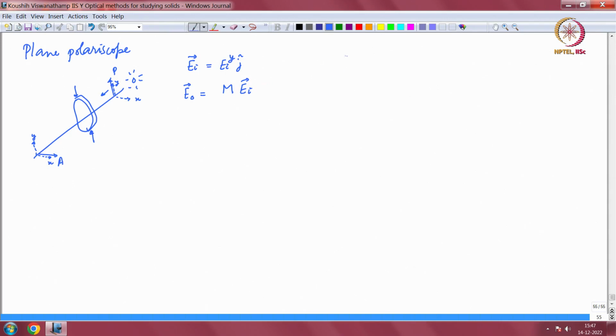And so, if in general your E0 has components E0 x, E0 y, it is going to be matrix M times E I x, which is 0, and E I y. That is the incident light direction.